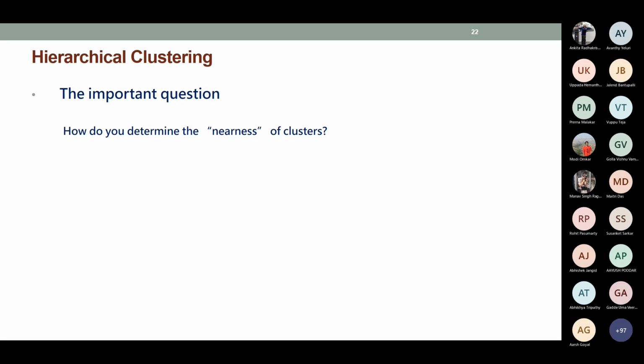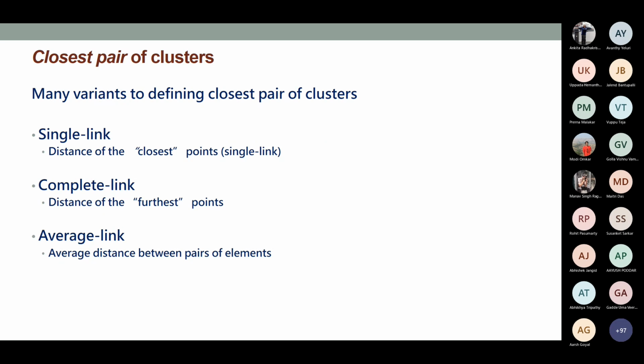I'm going to merge based on nearness: two groups will be merged together if they are very close to each other. Broadly, there are three different variants: single link, complete link, and average link. I will show examples, so don't worry about it. I'm just telling you the basic idea, and then I will take concrete examples to demonstrate.